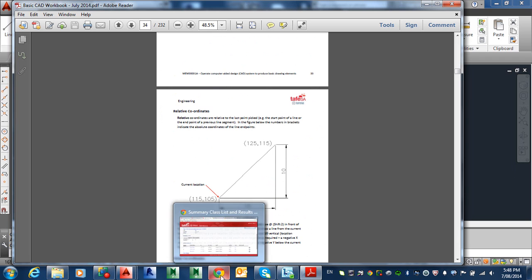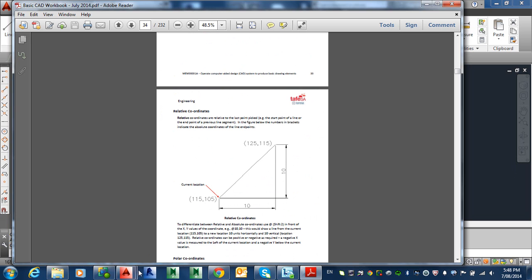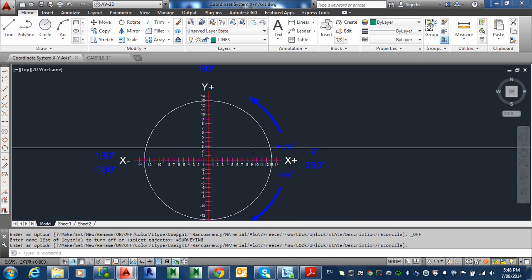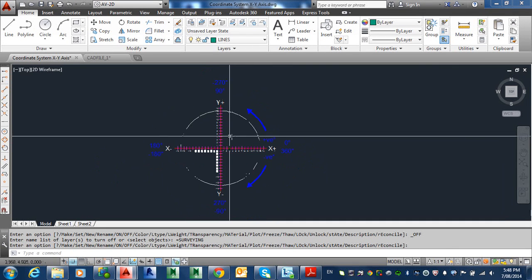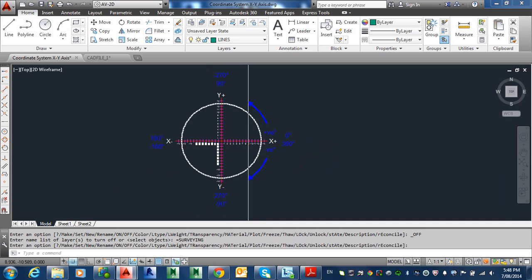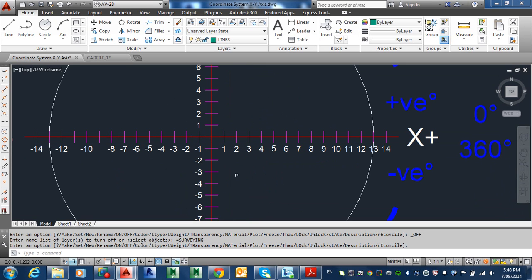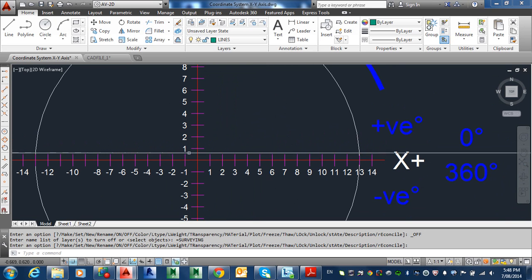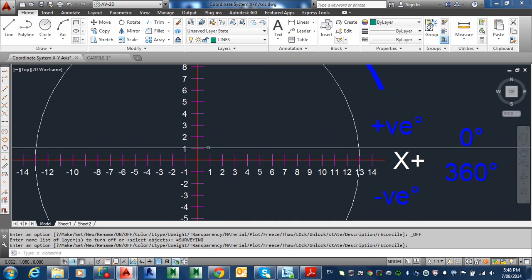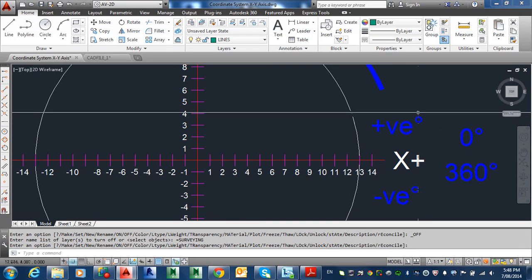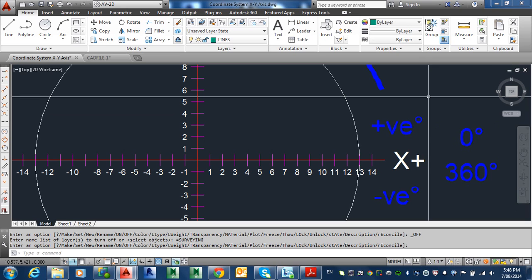But to get the basic idea of the coordinate system, I've got a drawing here which gives you a bit of an overview of the whole thing. If this was our world, 0,0 will be here, and every point in AutoCAD has its own unique number, much like the GPS system that we use in the cars and wherever else.